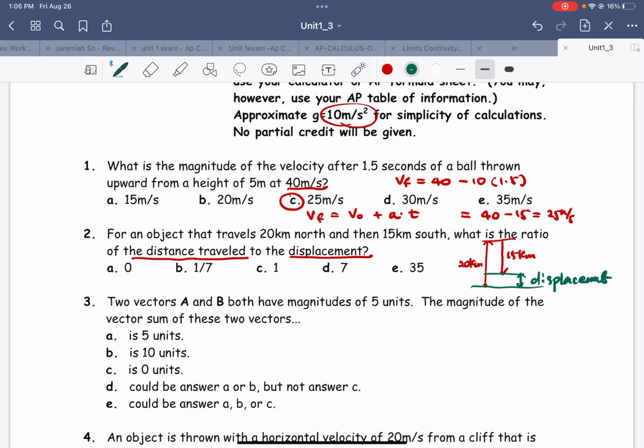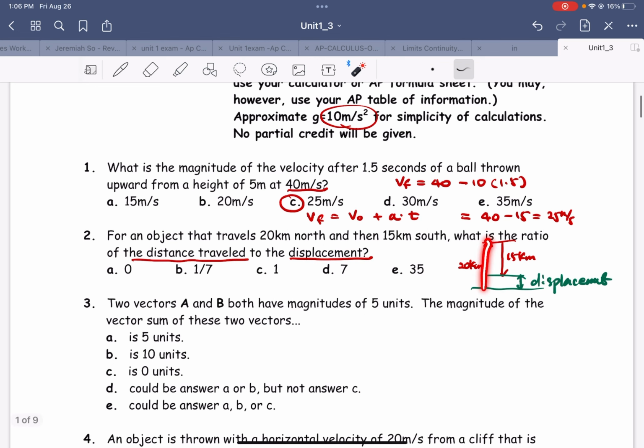Okay. Now, what is distance traveled? Distance traveled is you have to add this one plus this one. All of it is distance traveled. Okay. So distance traveled is always bigger than displacement. So displacement is simply 20 minus 15, which is 5.